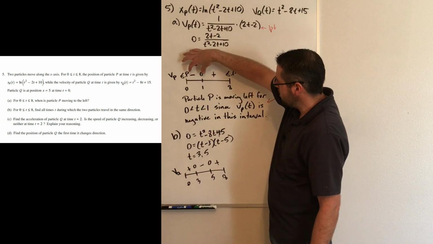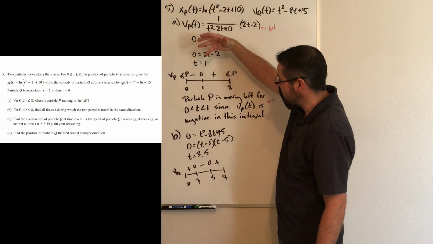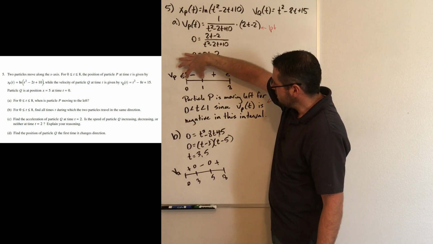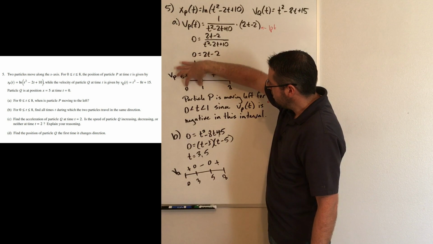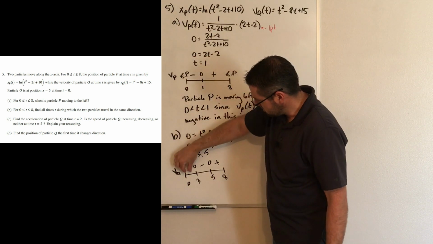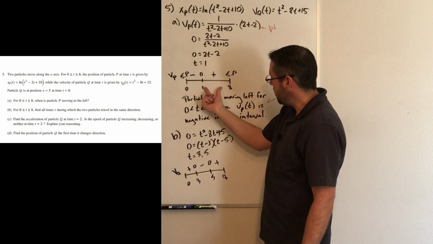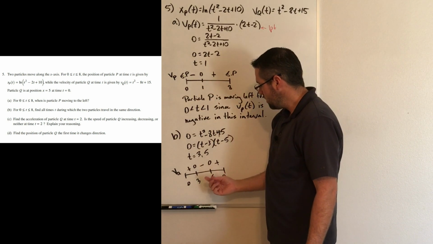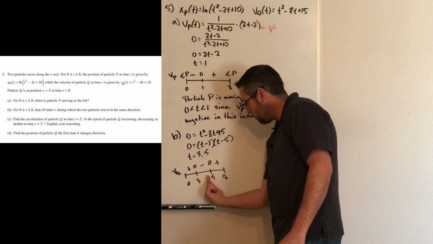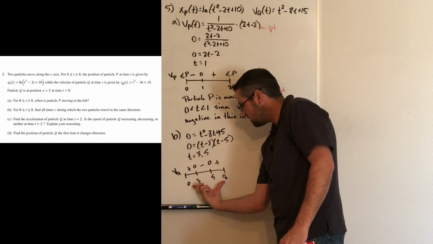We're looking for the time interval for which they have the same signs. Well, from 0 to 1, we have a positive velocity here, so that doesn't work. From 1 to 8, this is all positive. So from 1 all the way over to 8, we're looking for any positive intervals.